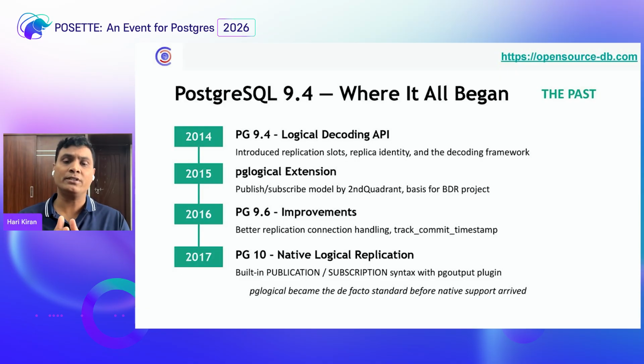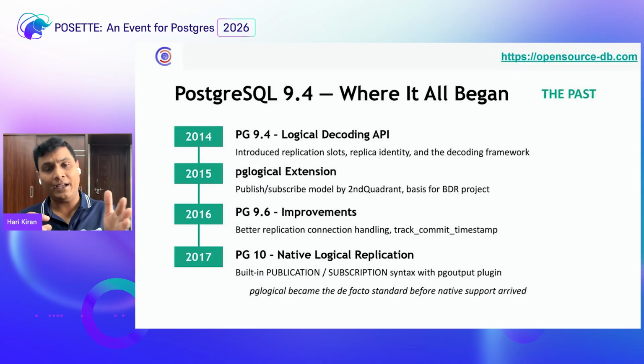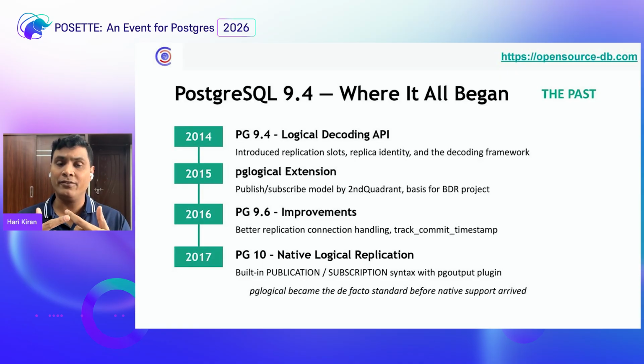By default, Postgres uses the primary key, but you can also set it to FULL using the replica identity and write the entire old row or nothing. And then the third is the logical decoding API itself, right? The framework that can use the entire decoded changes and then push it across to the target instance.